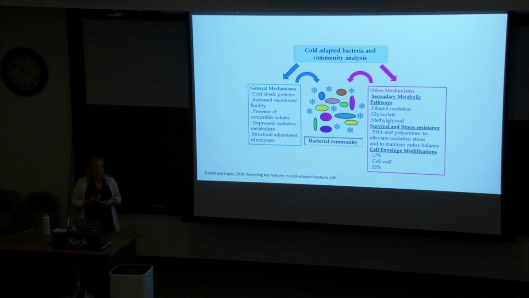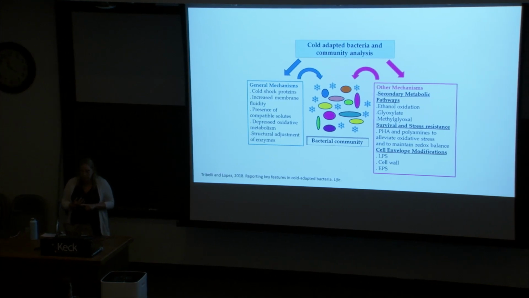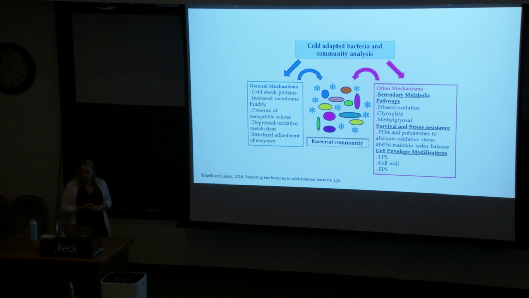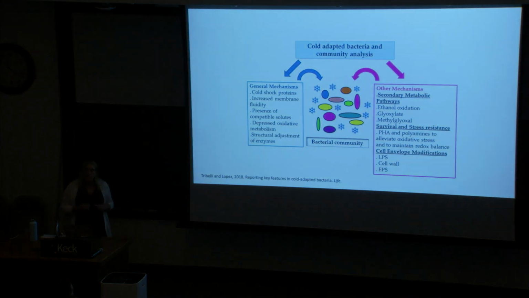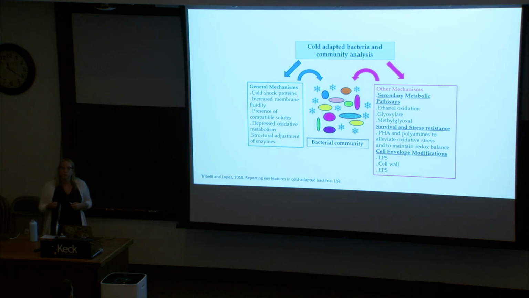So things like low nutrients again, potentially high levels of salinity, desiccation, high levels of ultraviolet radiation, and oxidative stress, because oxygen becomes more soluble at colder temperatures, so you get this reactive oxygen stress that happens too.